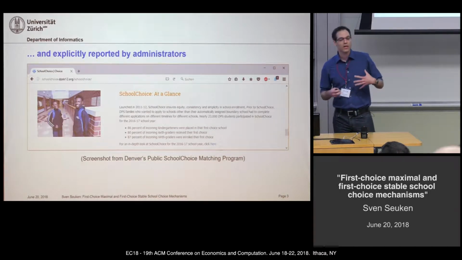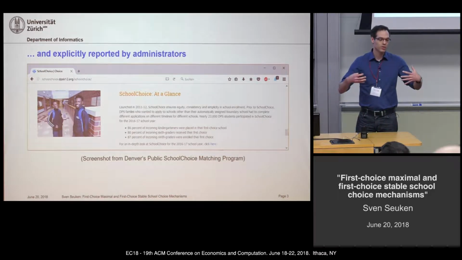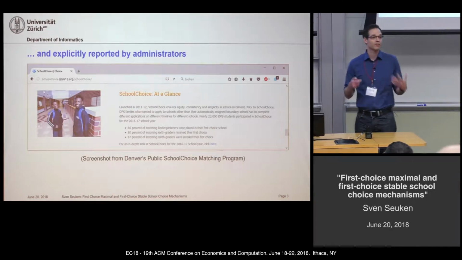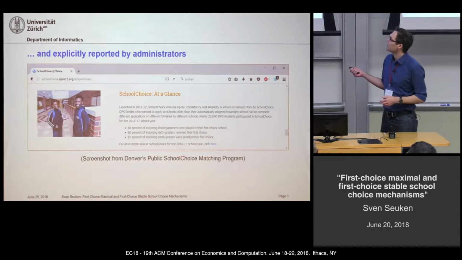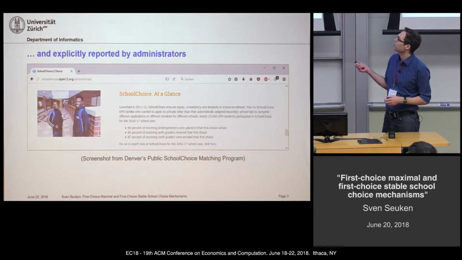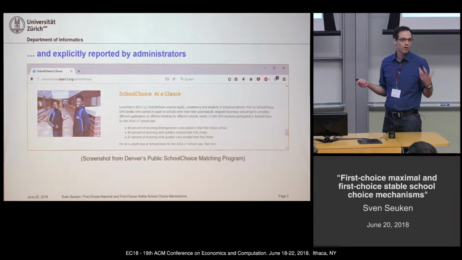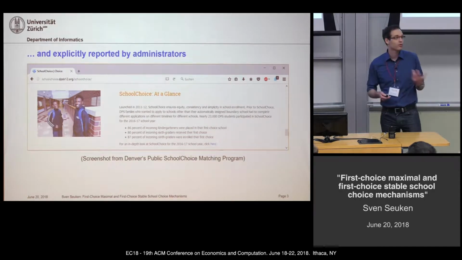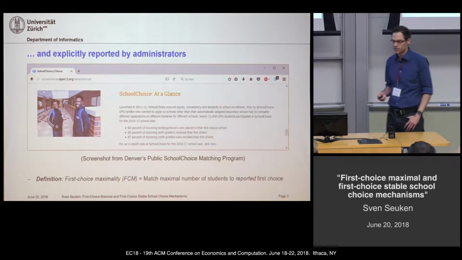And this is not only from the student side or the media side, but also the school choice administrators themselves focus on this. Here we have an example from Denver's public school choice matching program, who are proud of how many students get into their first choices. They say 86 or 87% of 6th or 9th graders were enrolled into their reported first choices.